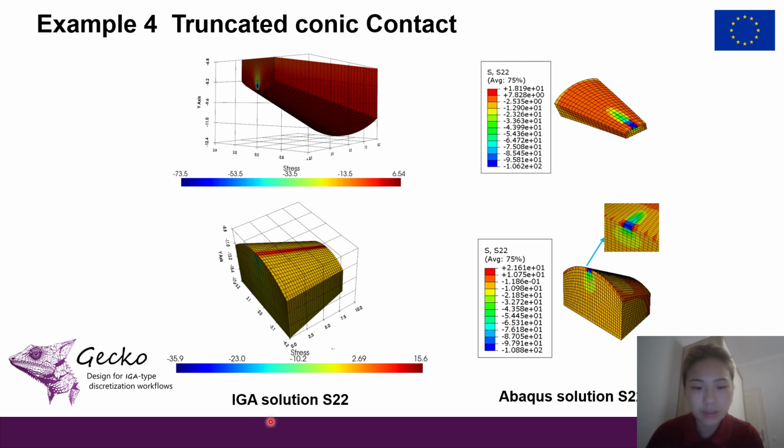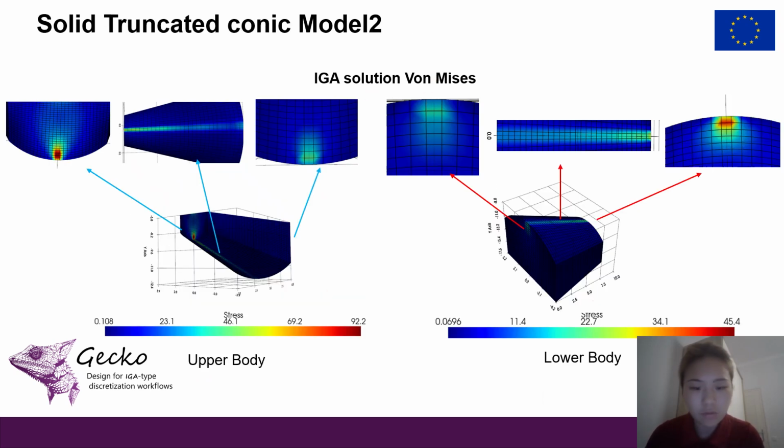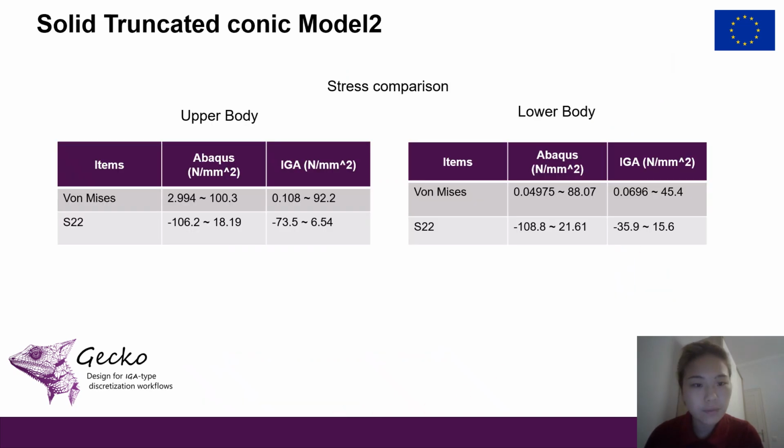Here we can see the IGA solution and also the Abaqus solution as a comparison. Here we compare the von Mises stresses and sigma YY for the two truncated cones, and the IGA results and the Abaqus finite element results are in good agreement.